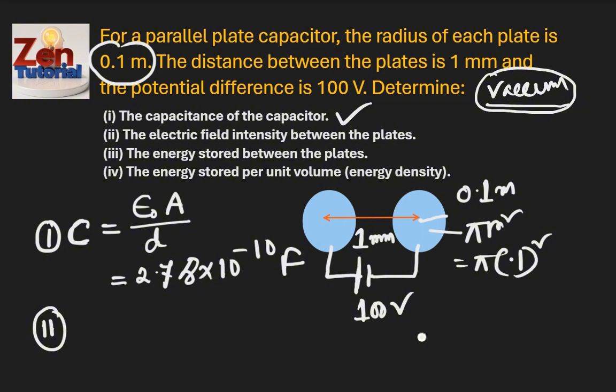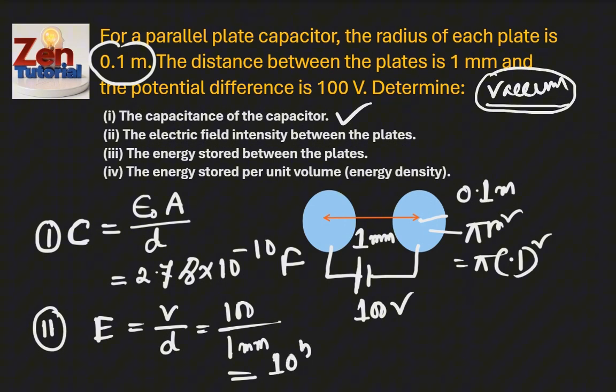Indeed, the electric field is equal to V by D. So V is 100 and D is 1 millimeter. So we have got the value of the electric field as 10 to the power 5 volt per meter or Newton per Coulomb. This is the unit of electric field.